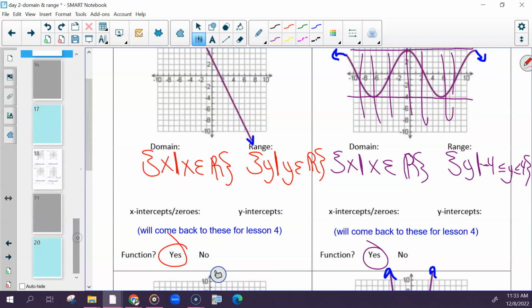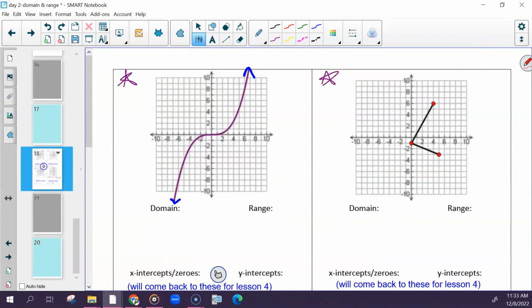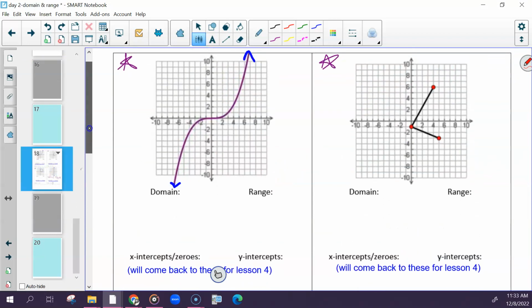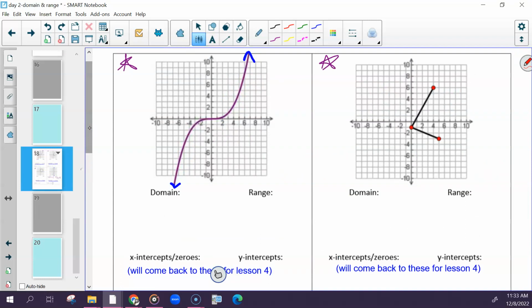The next one on the last page, page 7. What is the domain of this? Victoria.